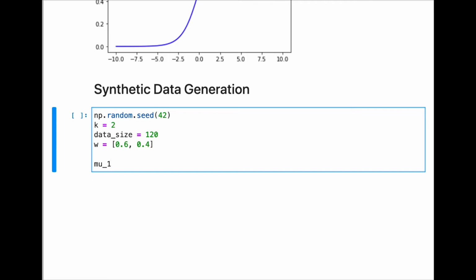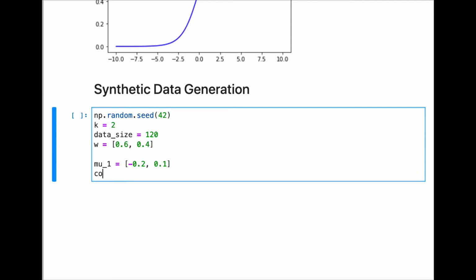It's mu1. Let's say it is, I'm going to use the same numbers I used in the previous slides, minus 0.2 and 0.1, and the covariance matrix is going to be done the following way.